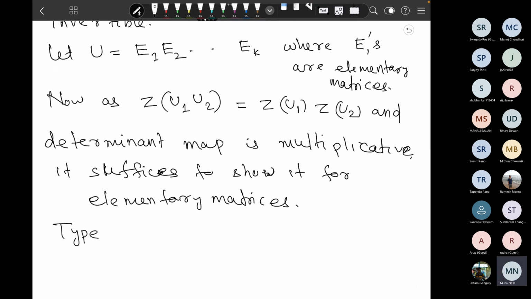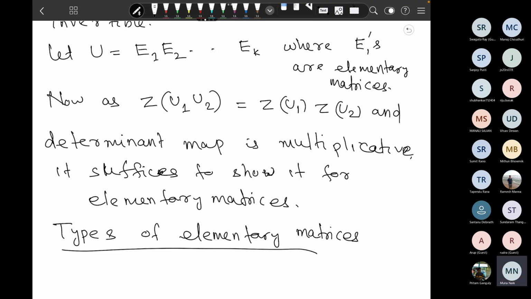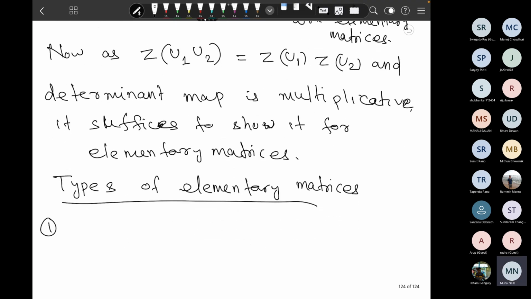Now, what are the types of elementary matrices? The first type is interchange of two rows.